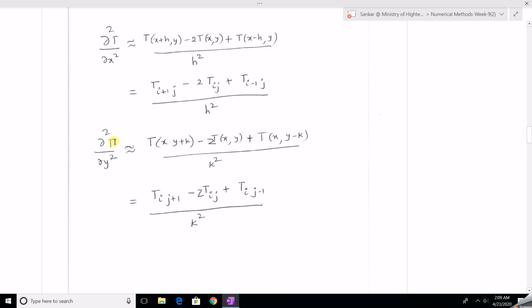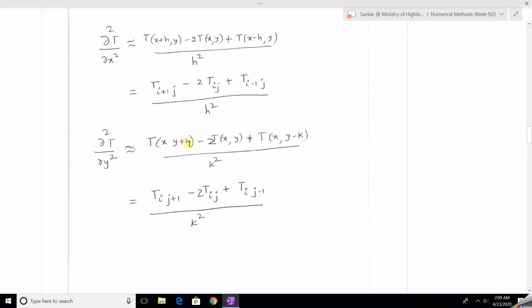Now, the second order partial derivative with respect to y will be t of x, y plus k minus 2 times t of x y plus t of x, y minus k. Using the previous notation, t of x, y plus k is t of i, j plus 1, because there is a change in the second coordinate.